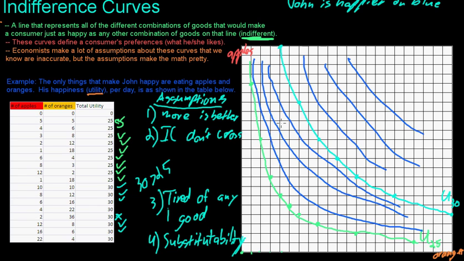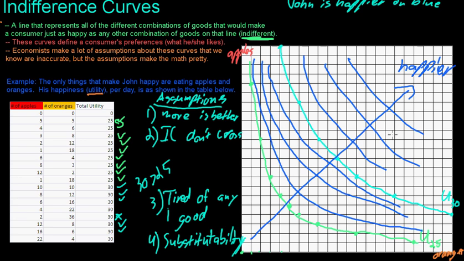Because every single combination of apples and oranges gives John some level of utility. And finally, the more you go in this direction, the happier John is. So as you go to the northeast, or the top right corner, the happier and happier John is, because he has a higher and higher level of utility. Again, 30 is bigger than 25.